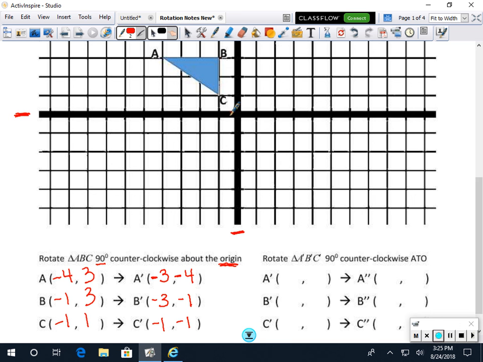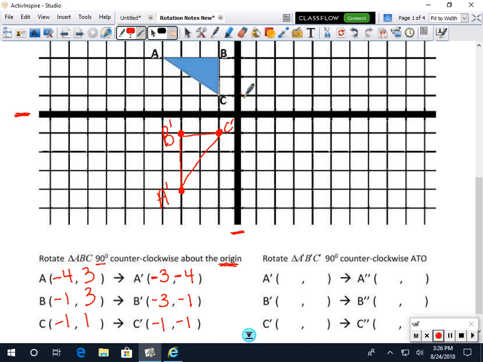So I have A prime at -3, -4. B prime is at -3, -1. And C prime is at -1, -1. So this is the picture of my graph rotated 90 degrees counterclockwise.